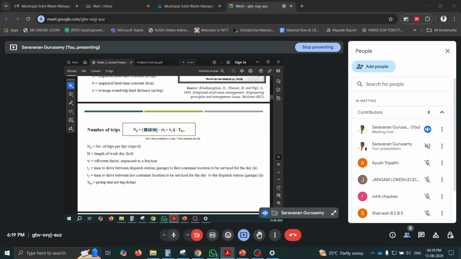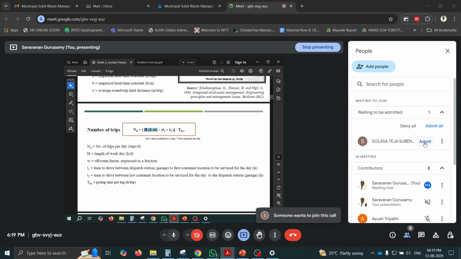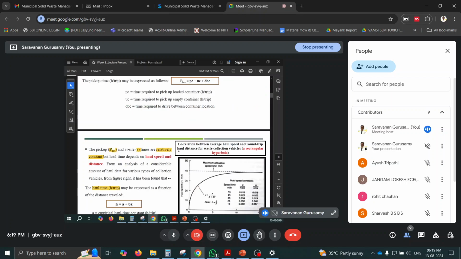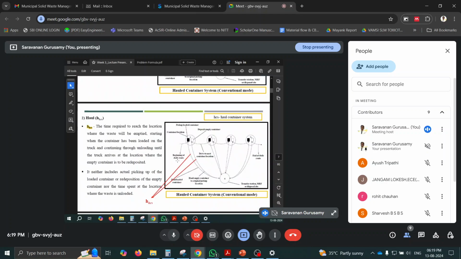So this will give you total manpower time that is available minus T1 and T2. So T1 and T2 is the time required for the vehicle to come from the garage to the first location. I will show in the picture, this is the beginning of the daily route. So it will come from the garage to the first location, that will be your T1, and finally from the last location to the garage at the end of the daily route, that will be your T2.